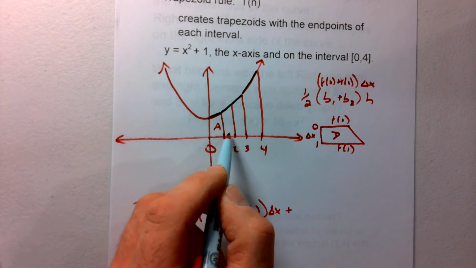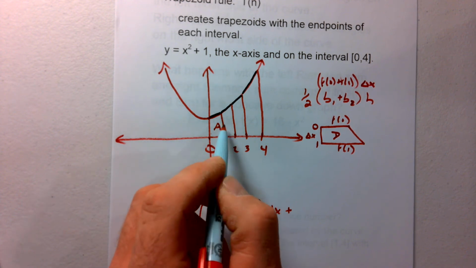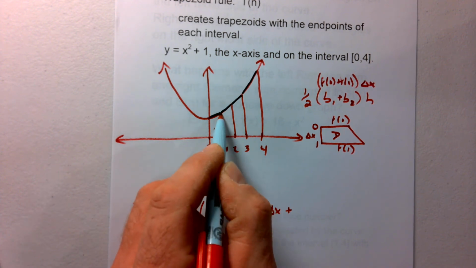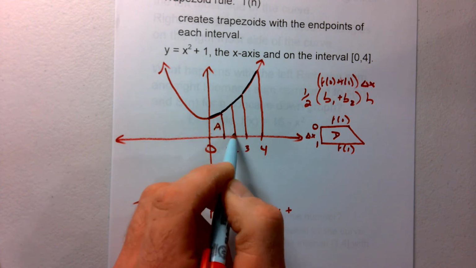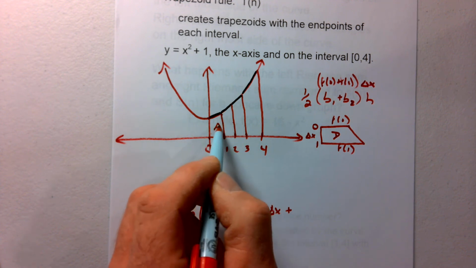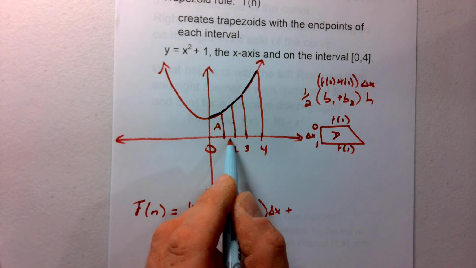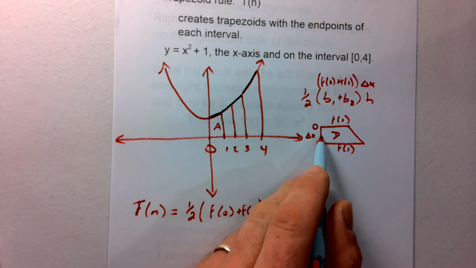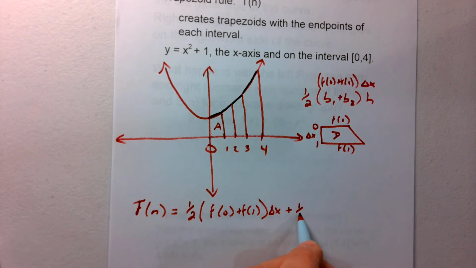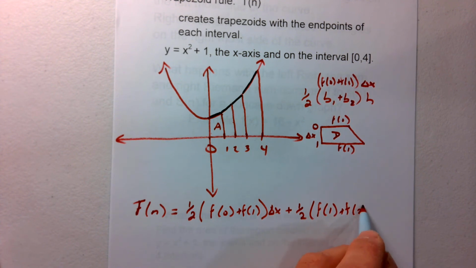We're going to do the same thing from 1 to 2. So we're going to take the height here at 1 and the height at 2, so f of 1 and f of 2, those are going to be my two bases. My height is actually going to be delta x for my trapezoid. So it's going to be 1/2 of f of 1 plus f of 2 times delta x.